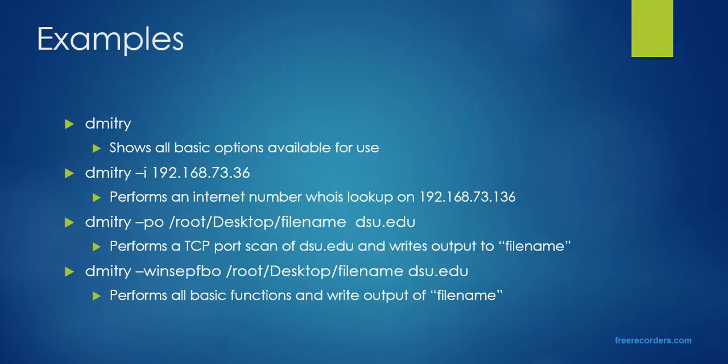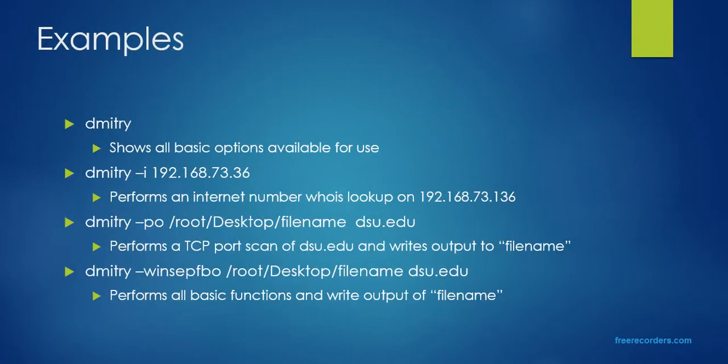And then lastly, if we want to pipe all our commands into one and send it out, we would just use -winsepfbo followed by our path name to where we want to write that and the host that we are scanning.